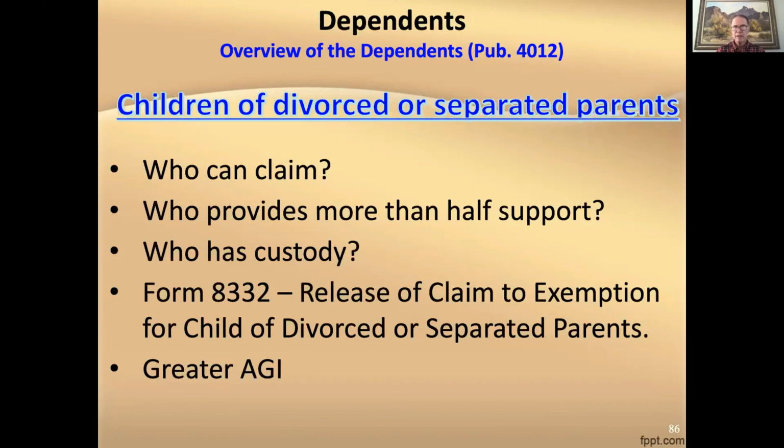They have it in writing. They're used to it. The only times I run into problems are people who got divorced for the first time that year, and they're not quite sure. So sometimes they have to go get things to show. But my report of what I see at VITA sites is that it's not hard to deal with divorced or separated parents because they have the documentation. They know what they're doing when they come to us.